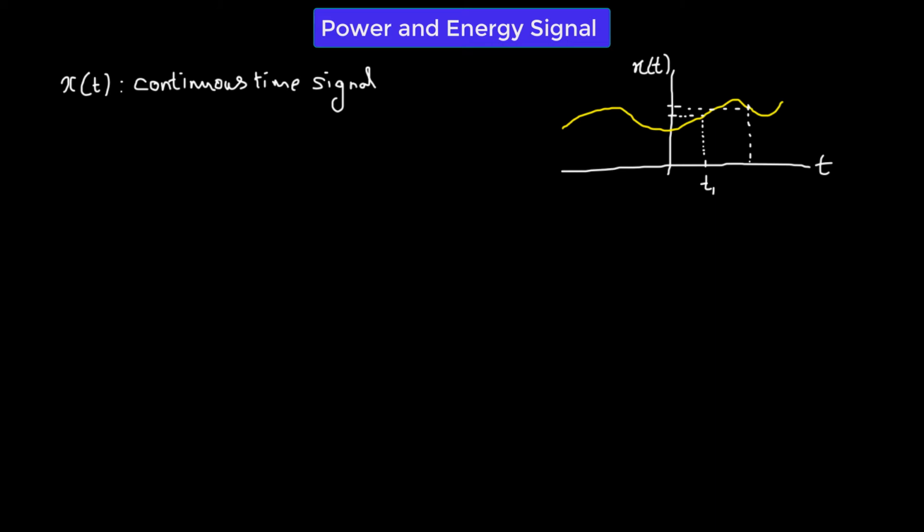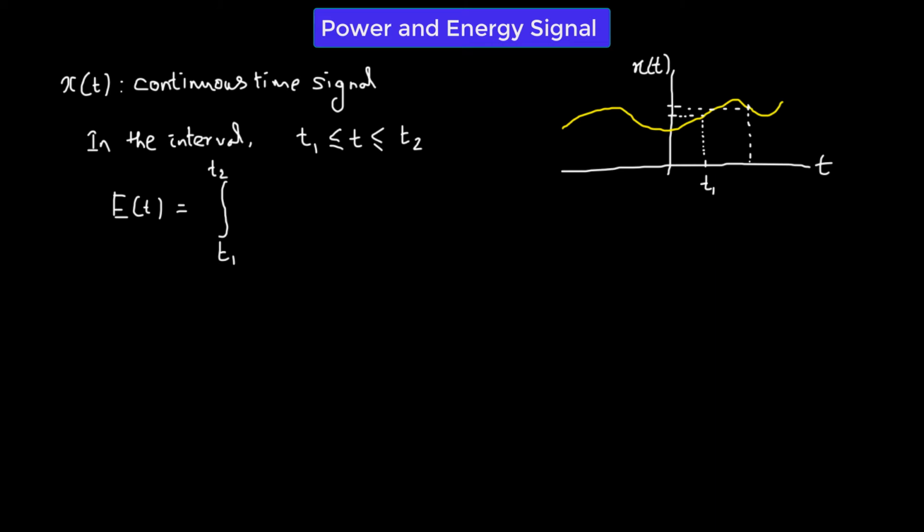For this type of signal, now we consider the time interval t1 and t2, given by t lying between t1 and t2. The energy of this continuous time signal is given by E is equal to the integration going from t1 to t2.